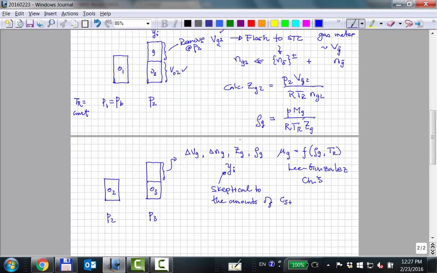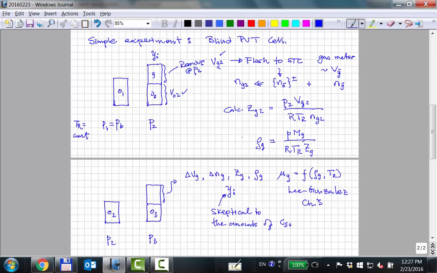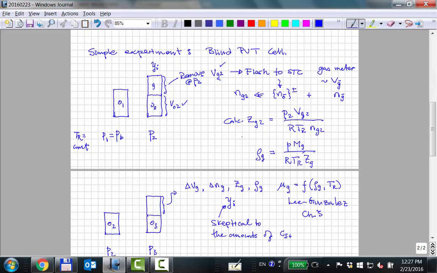But we can also do it like this: if we know the cell volume of the gas and we know the surface volume of the gas, the standard condition volume, we just divide them and we get the Z factor. You're assuming that there's no condensate?